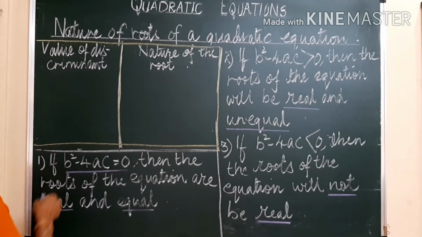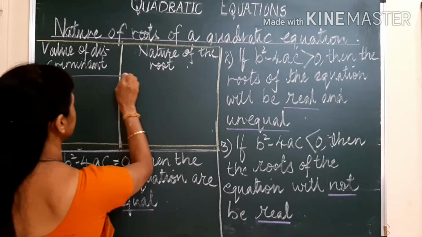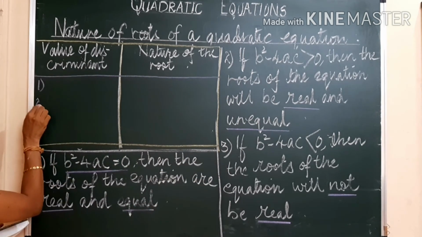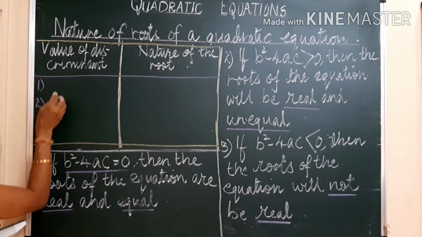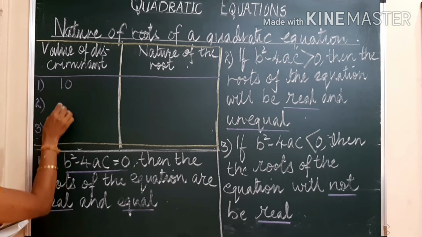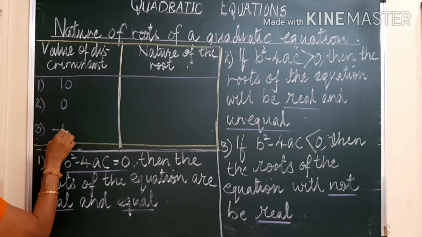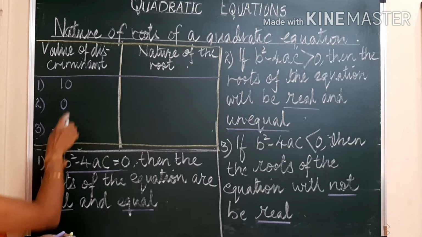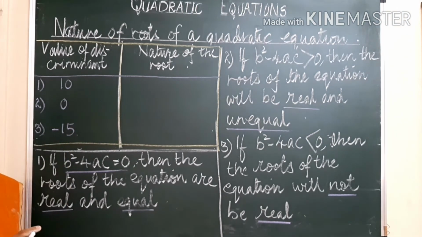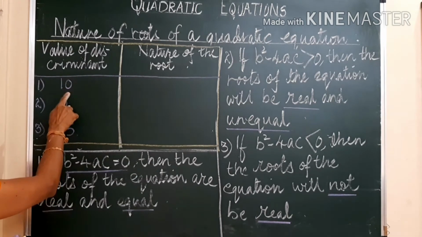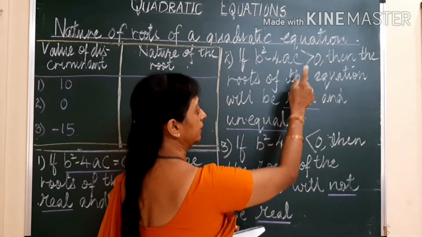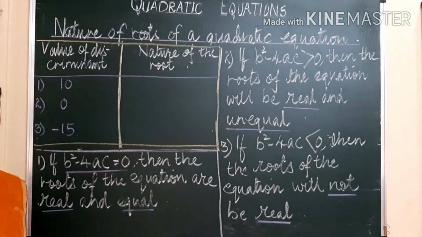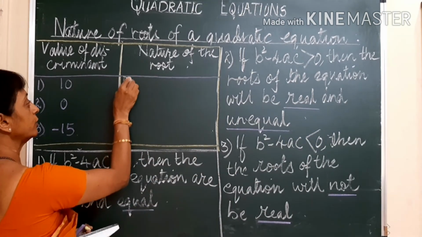The first one, let's take the value of the discriminant as 10, 0 and minus 15. Now in the first case, children, the answer is positive. That means b square minus 4ac is greater than 0. Now if the answer is greater than 0, then the nature of roots of the given equation are real and unequal. So what will we write over here?